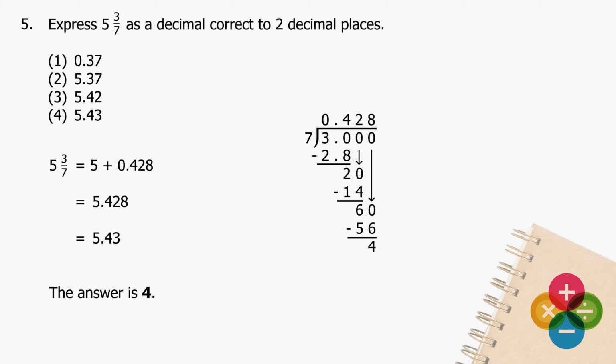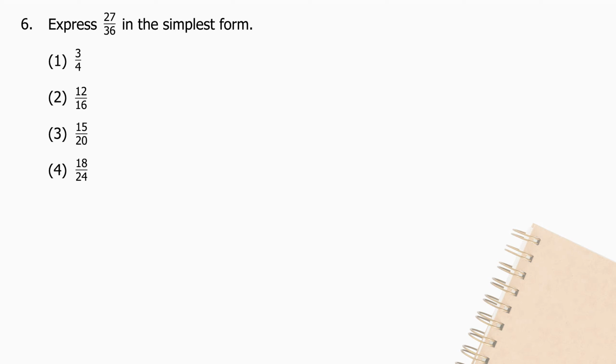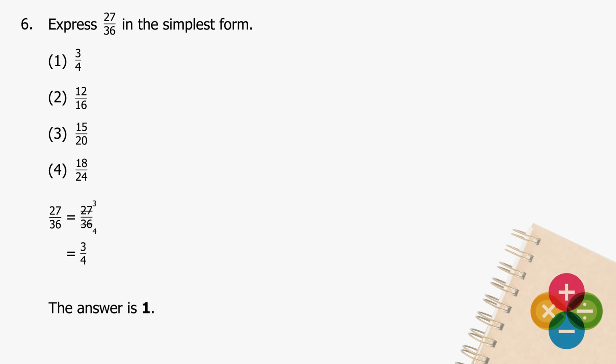The answer is 4. Question 6. Express 27/36 in the simplest form. Simplify 27/36 will be 3/4. The answer is 1.